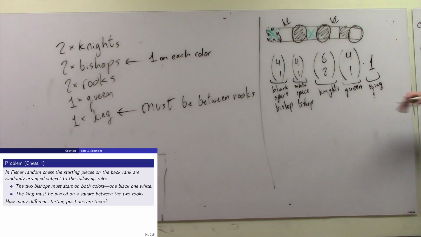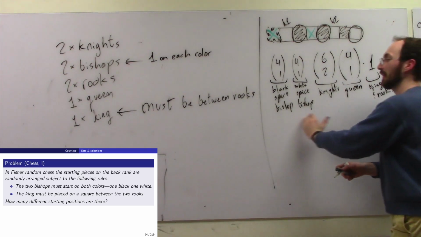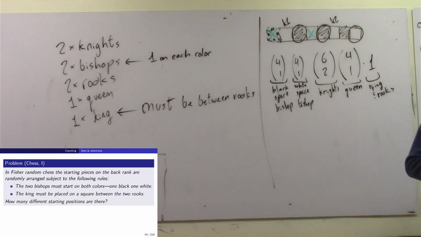And maybe I keep saying the wrong pieces, so I apologize if this is confusing. The king and the rooks are determined after we have chosen everything in this line.